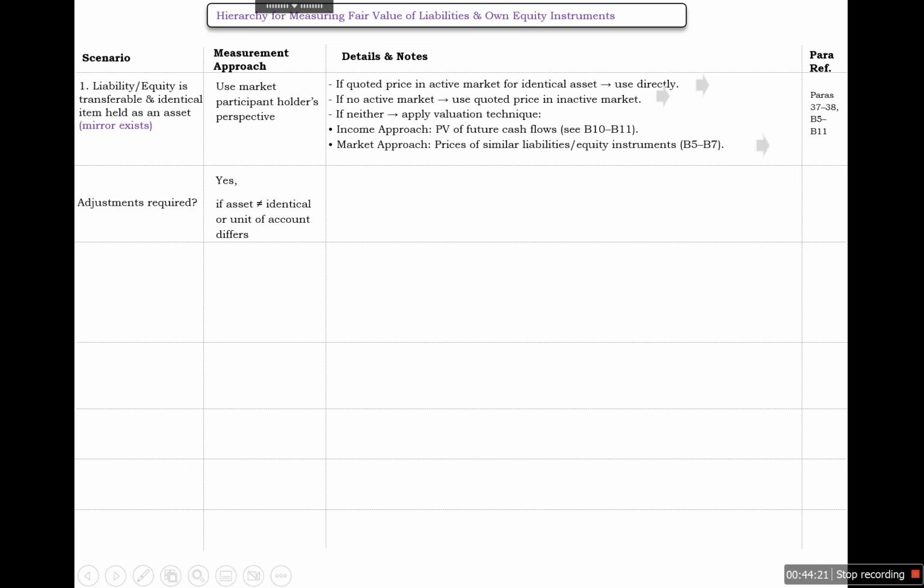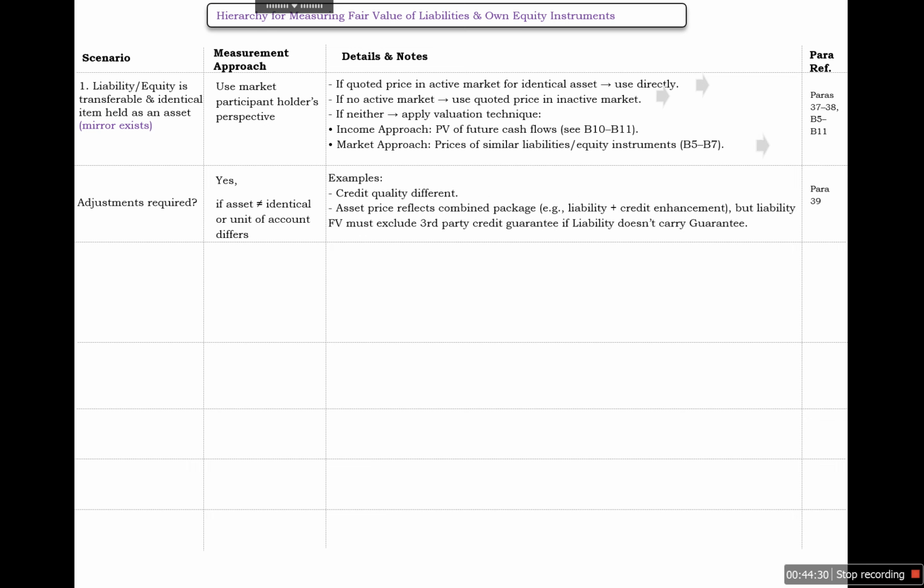As we have discussed, we need to adjust the price if the asset is not identical or the unit of account differs. Examples are different credit quality, or where the asset price reflects a combined package. For example, there is an instrument that has a liability plus credit enhancement.